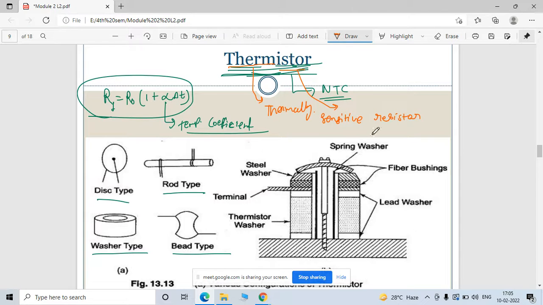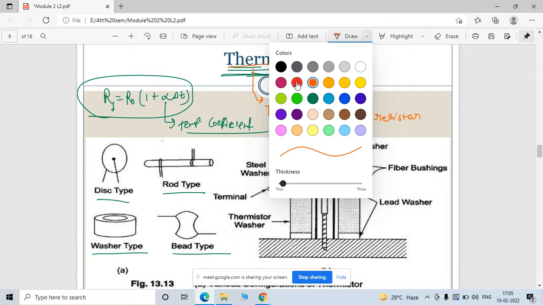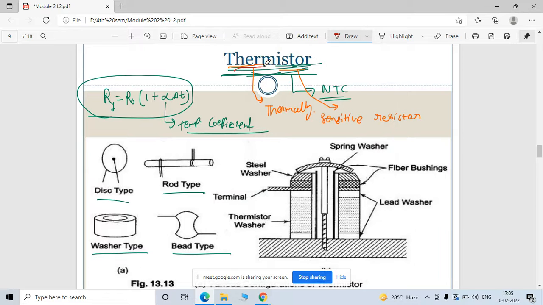This is the device which senses temperature by means of the change in its resistance.